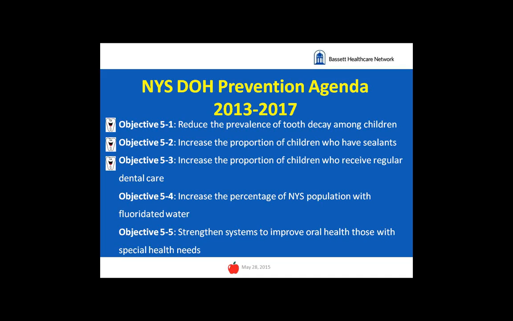An example would be the New York State Prevention Agenda. As you can see, these objectives have been identified as ways that we would like to work towards improving health among our population. So with some of the ideas that we have in mind, we're trying to match with what's happening on the state level so we can achieve those goals.